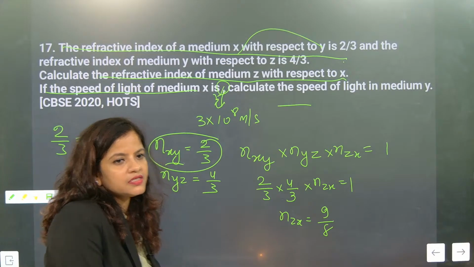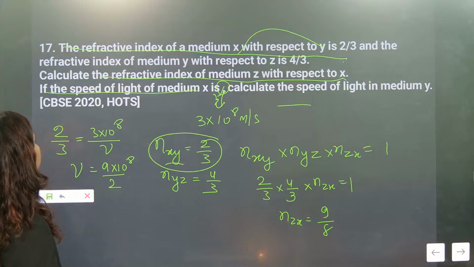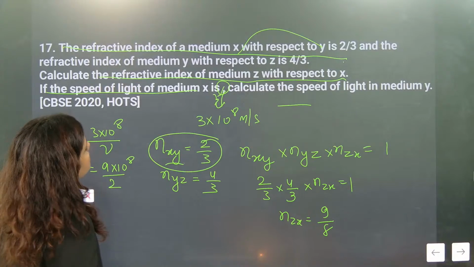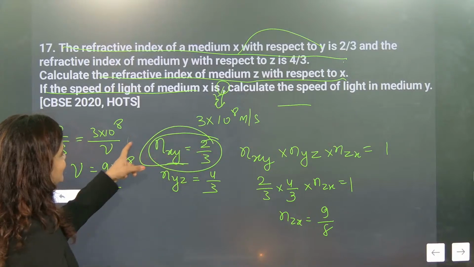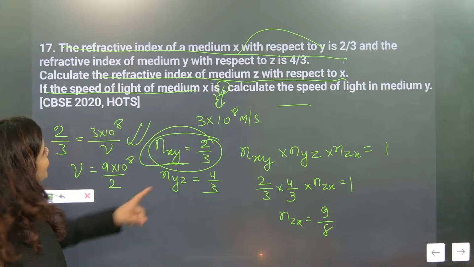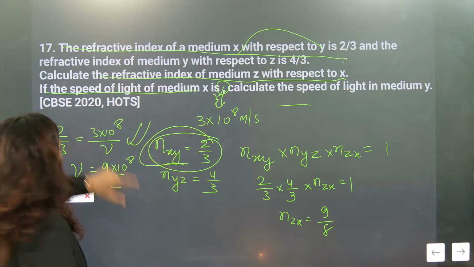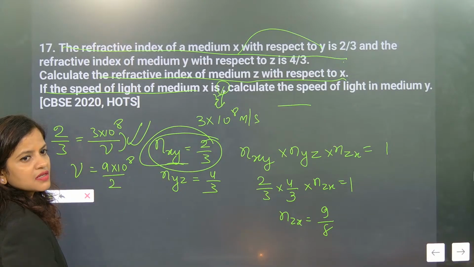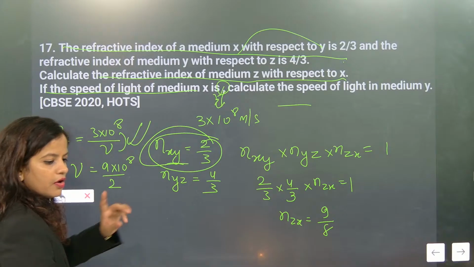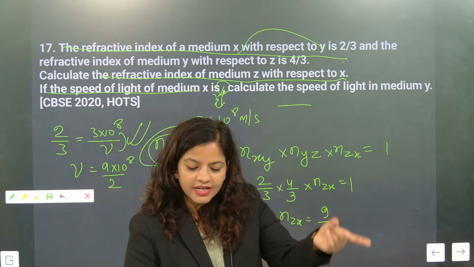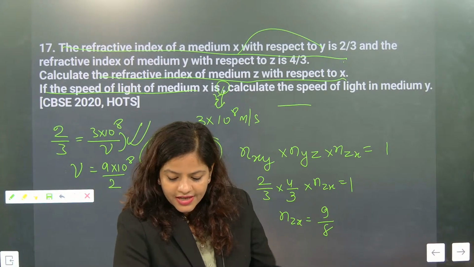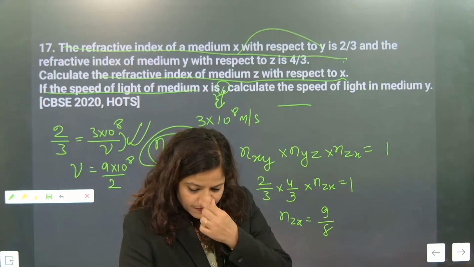Here 2 by 3 is there. Is this correct first? X by Y, so this will go upside down. With respect to that, it should be taken as 4 by 3. Yes, the opposite will come.